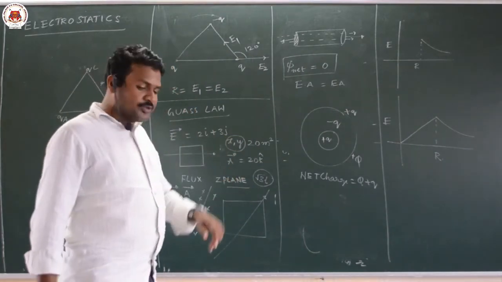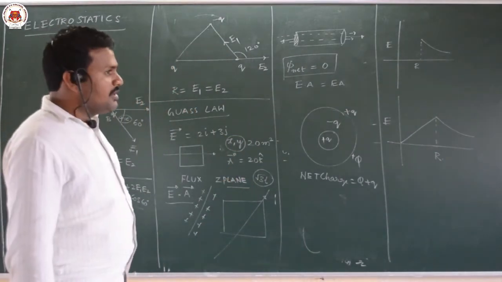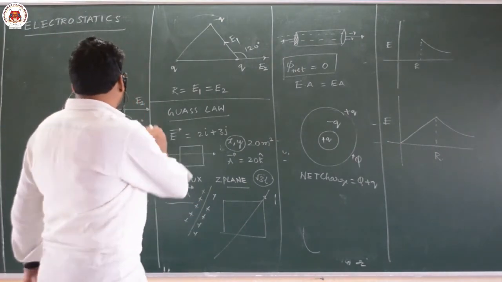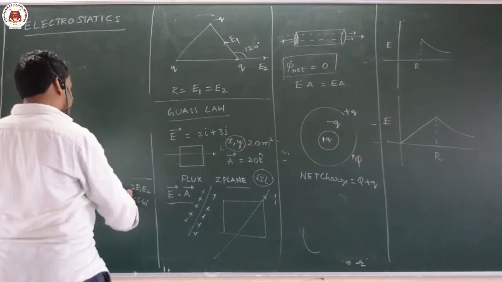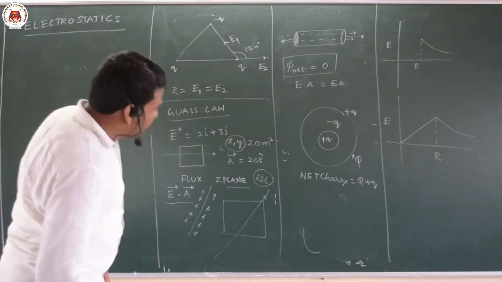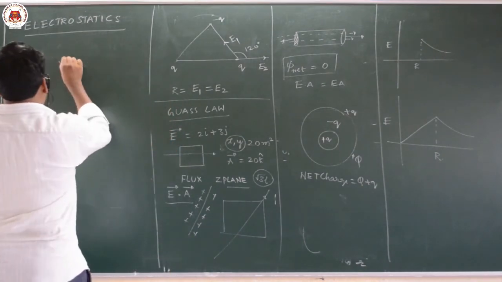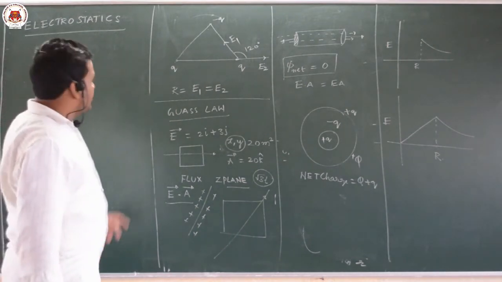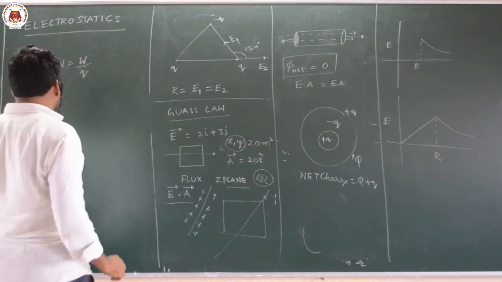After this we will enter into electric potential. Electric potential is the work done by a charge. It is a scalar quantity. Electric potential V is equal to W by Q. Work done against the electrostatic force of repulsion is called electric potential.